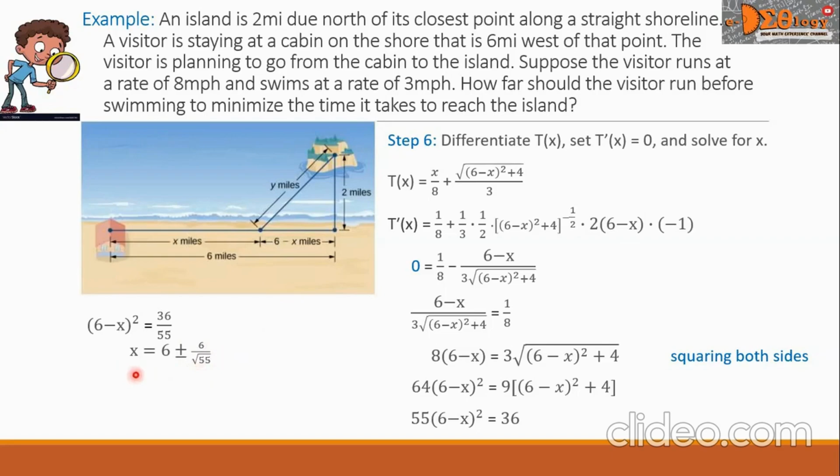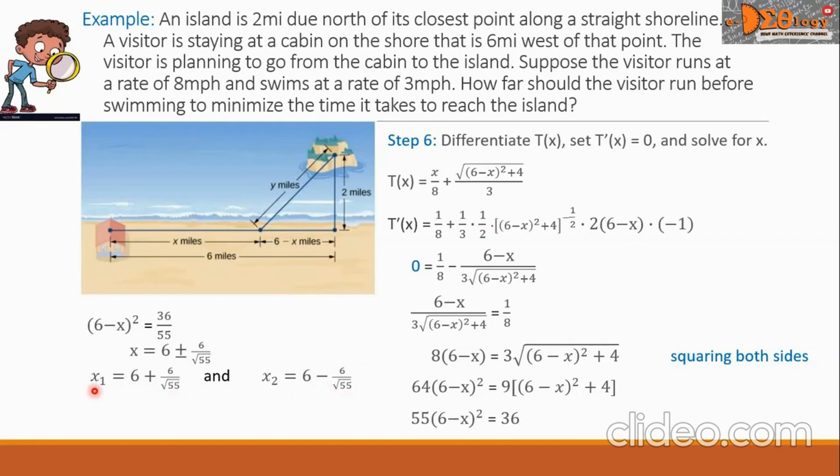We can see that we have two values of x. To separate them, we write x sub 1 equals 6 plus 6 over square root of 55. The second value is x sub 2 equals 6 minus 6 over square root of 55.